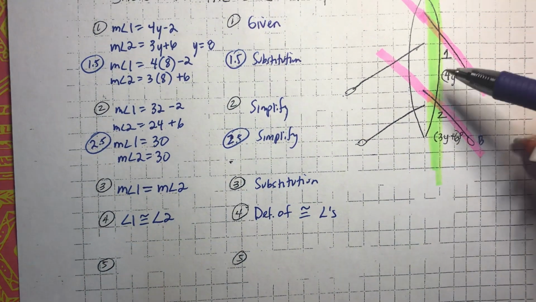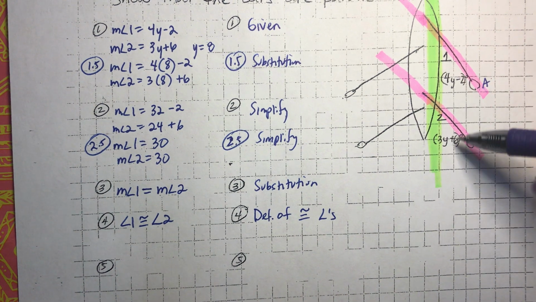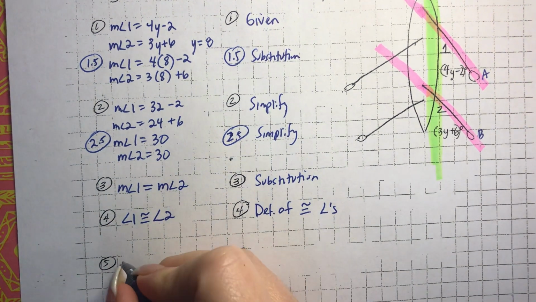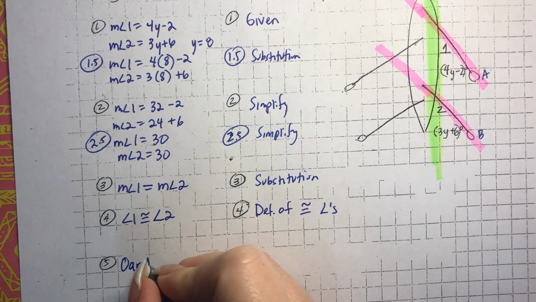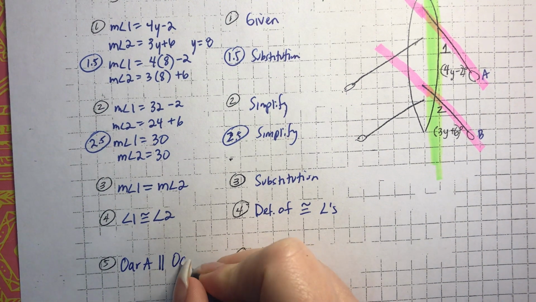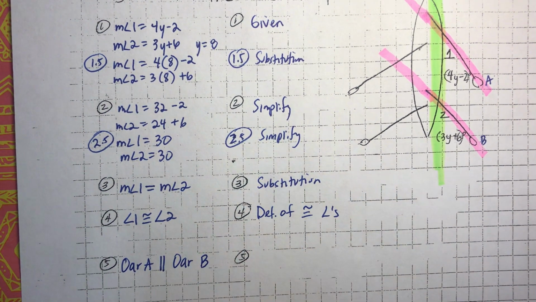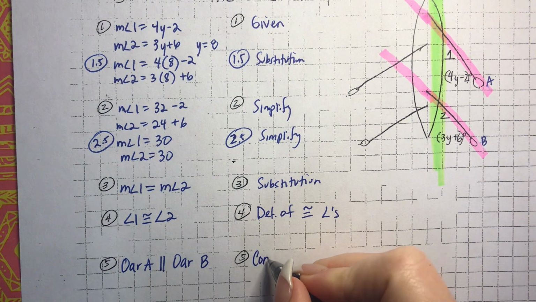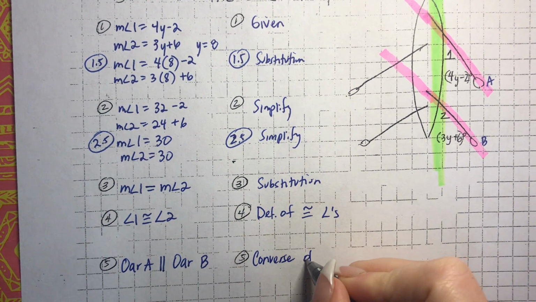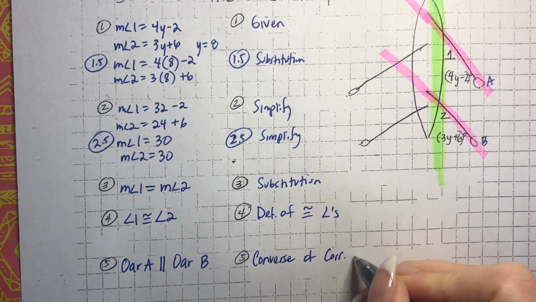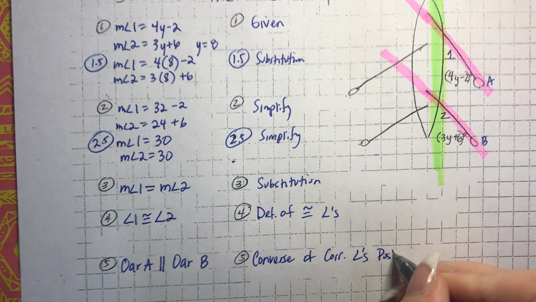And then finally, since we know that these two angles are congruent, I'm going to say that oar A is parallel to oar B by the converse of the corresponding angles postulate.